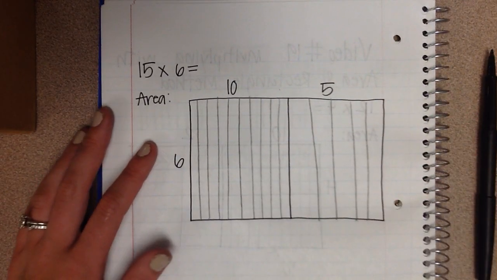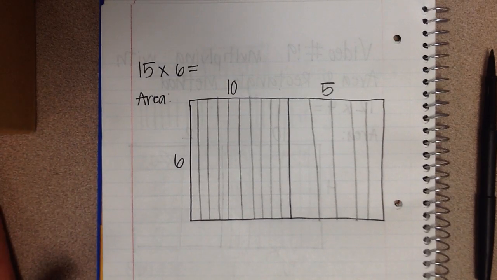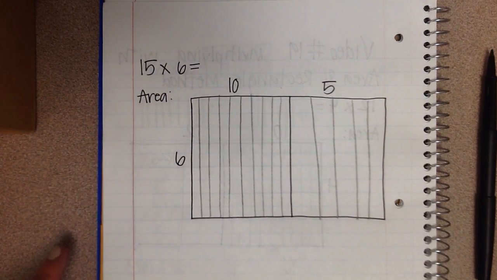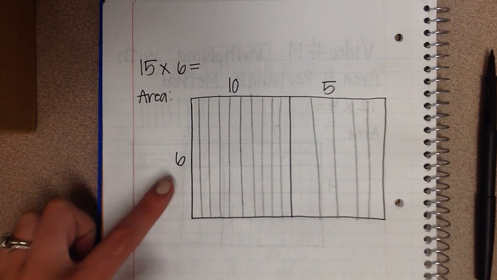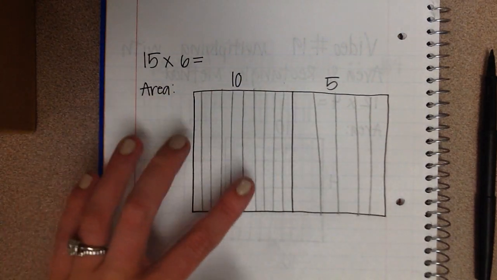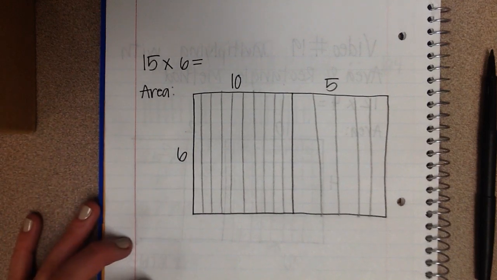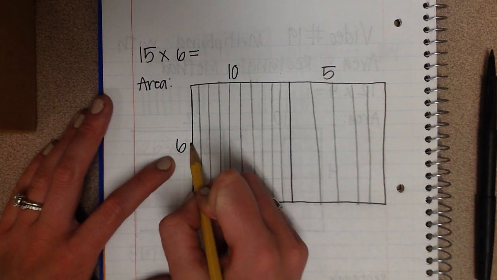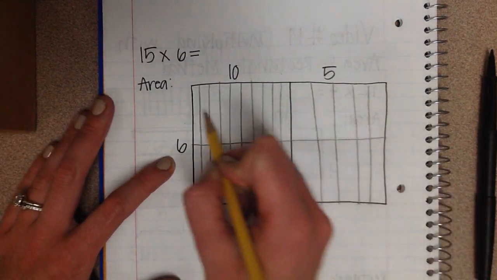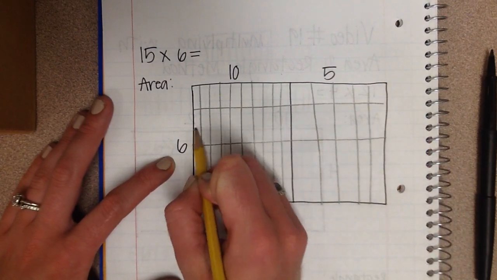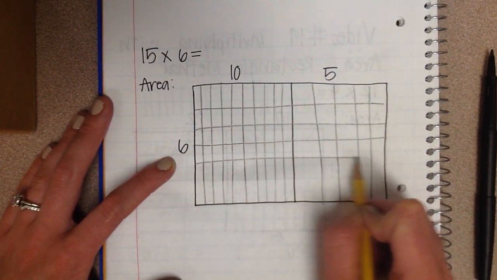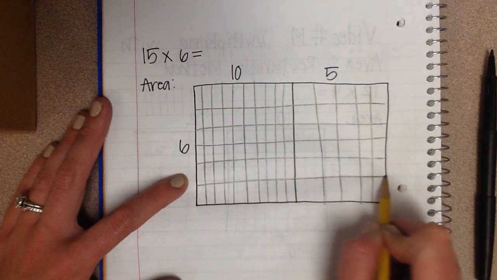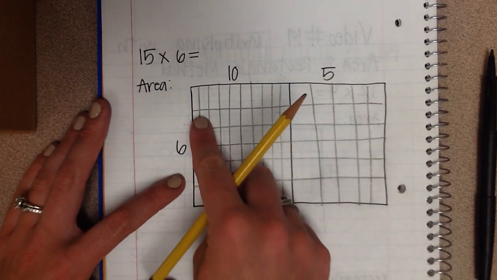I'm going to go ahead and tell you, in 5th grade, since I taught 5th grade for 5 years, you do use the area model and the rectangle model when multiplying decimals and fractions. So you will be seeing this method again later. So please, please, please make sure you ask questions if you don't understand. Then the 6, I'm going to break this all the way over. So 1, 2, 3, 4, 5, 6.